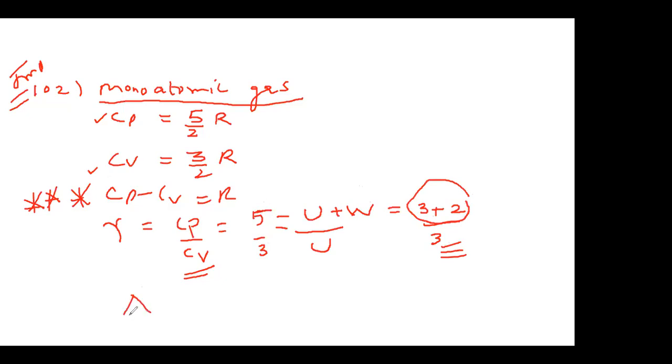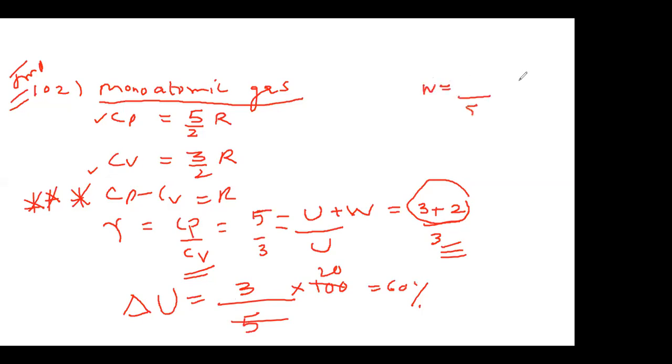So percentage change in internal energy: total heat supplied at constant pressure is 5, then out of that 3 part is internal, multiplied by 100, 3 upon 5 into 100 equals 60%. Work done is out of 5, 2 into 100 equals 40%. So work done will be 40% and internal energy is 60%.